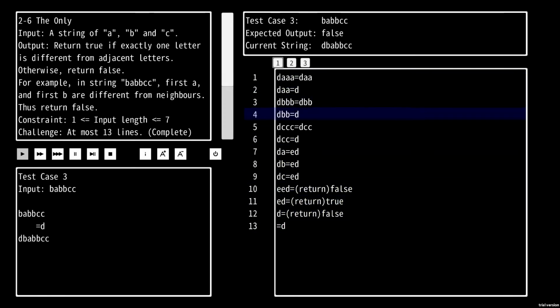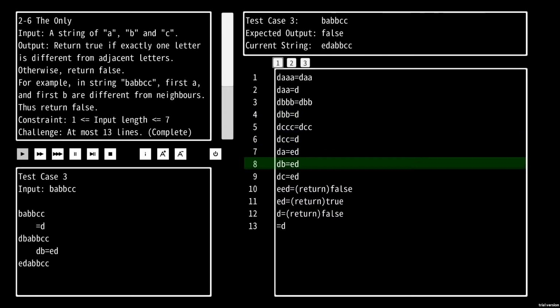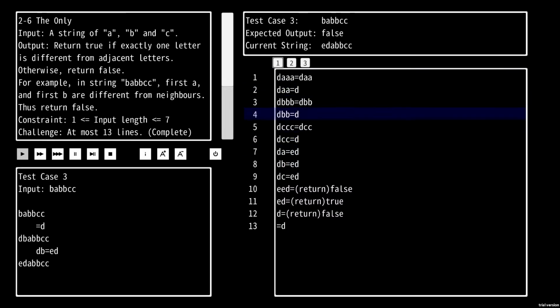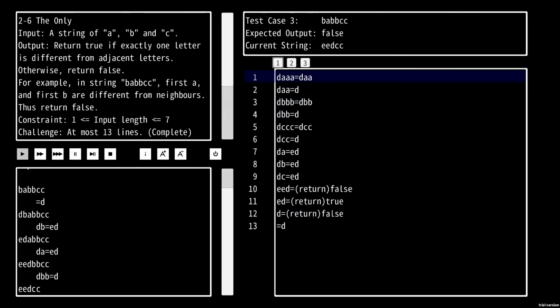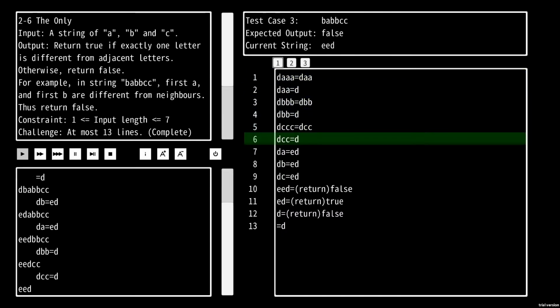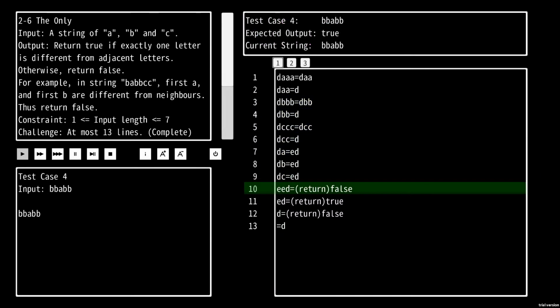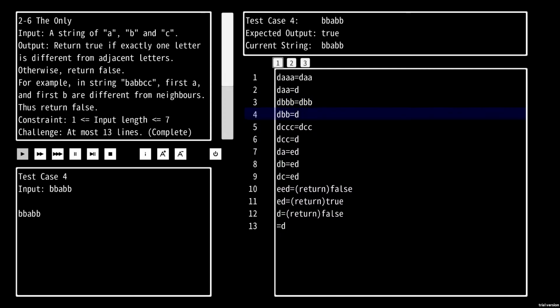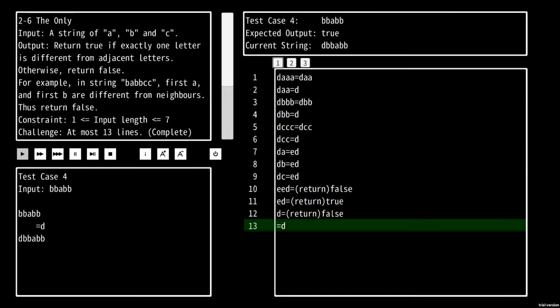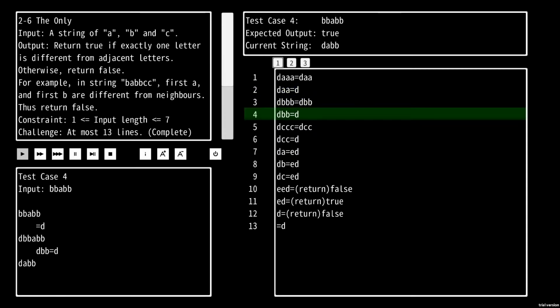This is actually inefficient. I can make the code more efficient by moving this stuff to the... Well, okay, I can't move this to the top, I don't think. But I can move this and this to the... No, this has to go after everything, but this can go up.